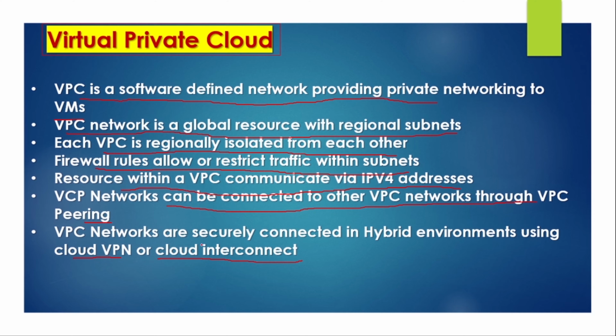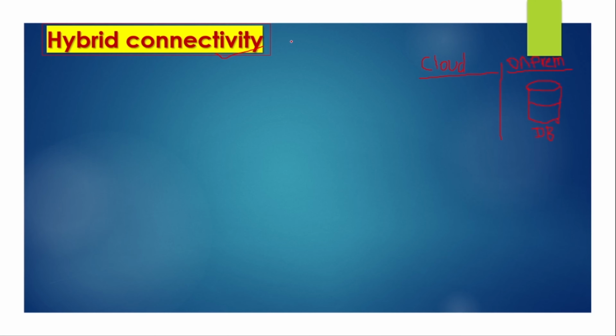Now let's understand what this hybrid connectivity is. There are some legacy applications, your on-prem applications, which are not on the cloud but on your local data center. And there are some applications which you deploy on the cloud. Hybrid connectivity means that when your cloud applications want to use resources that are already on-prem, you can use the hybrid connectivity services.